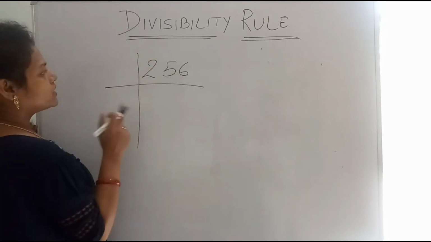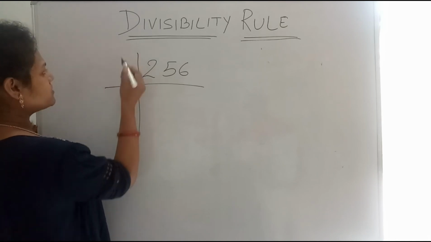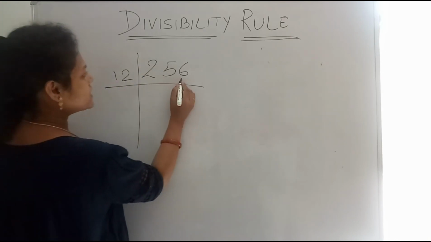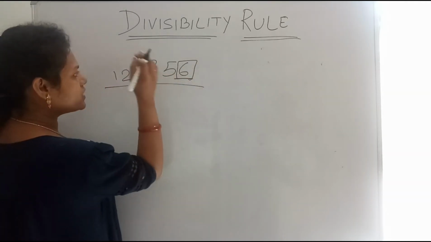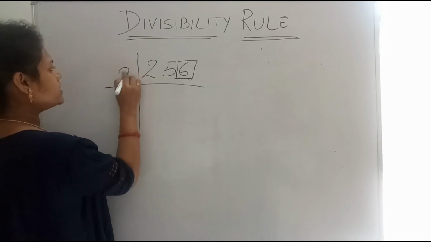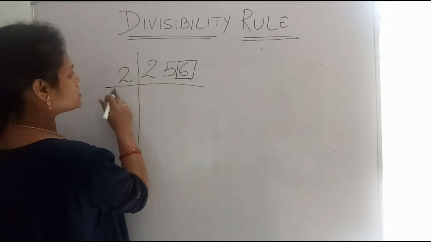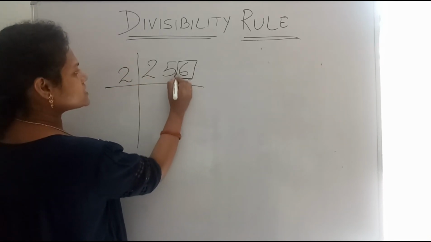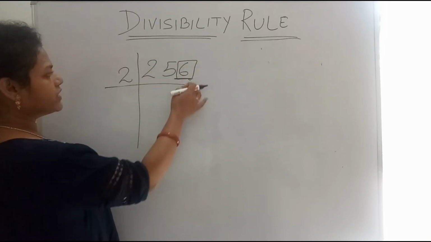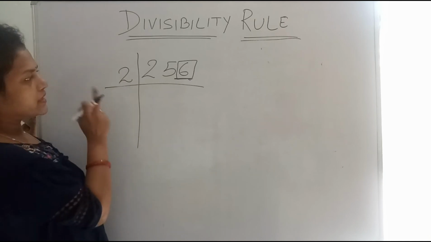They always put some big number like 12. But if they see the unit place, or the divisibility rule, then they can easily put 2, because in the unit place there is 6, and according to the rule, if any even number is there, then it is divisible by 2.